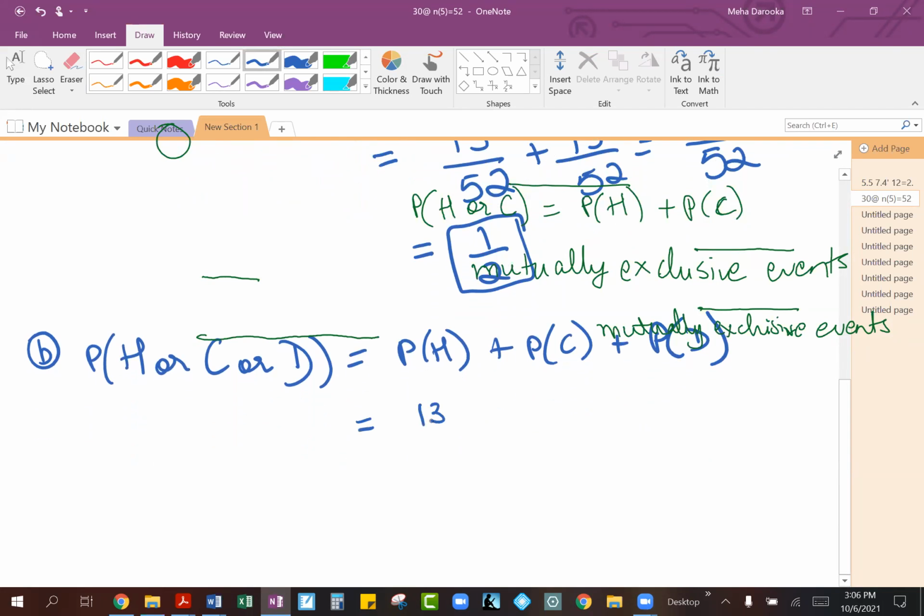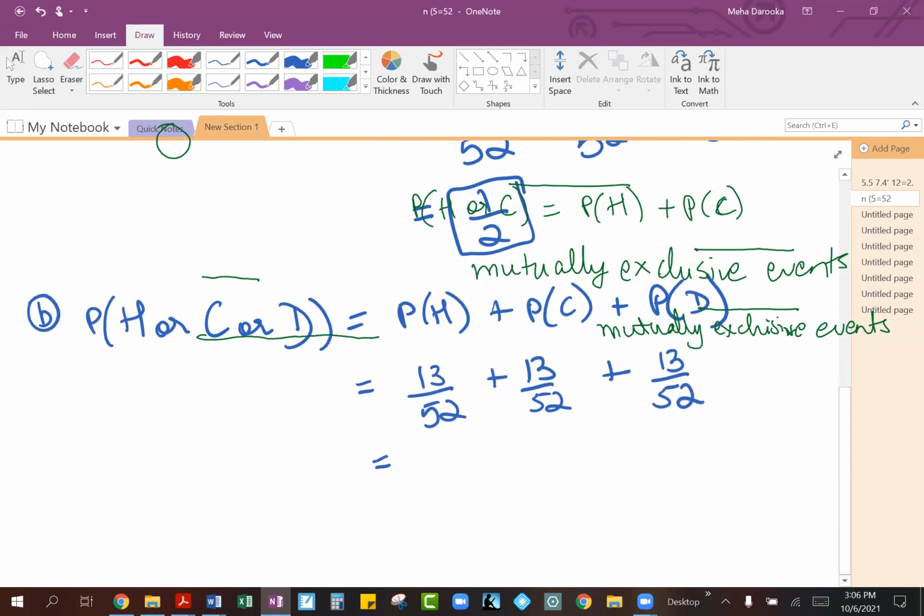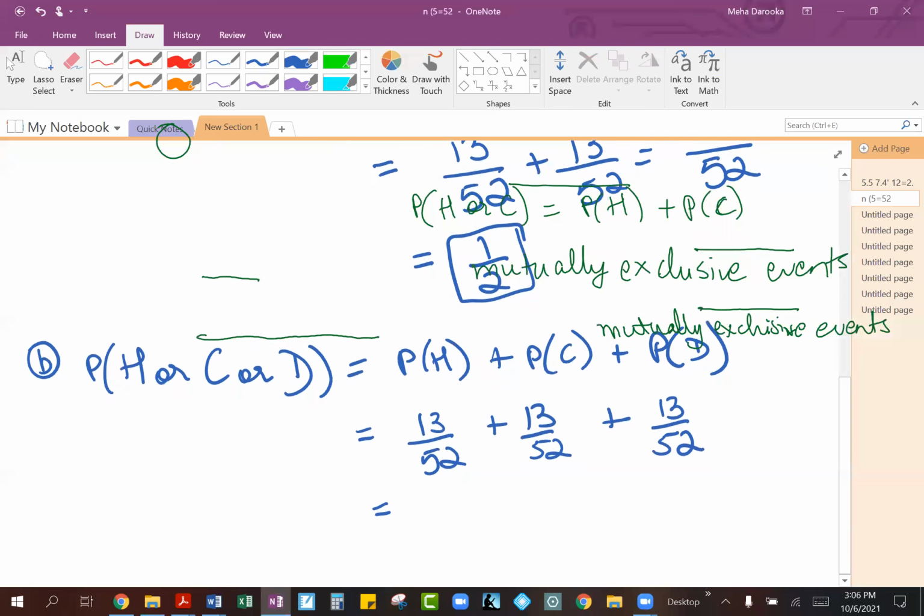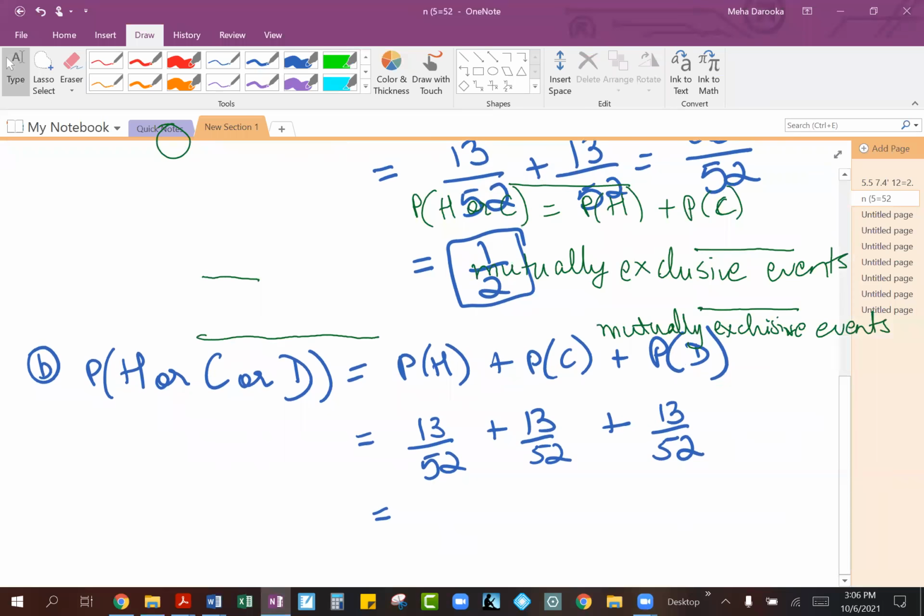So again, these are all suits, guys. So that would be 13 out of 52 as a probability for each individual set. And what kind of total are we looking at here? 39 over 52. Yeah, very good.